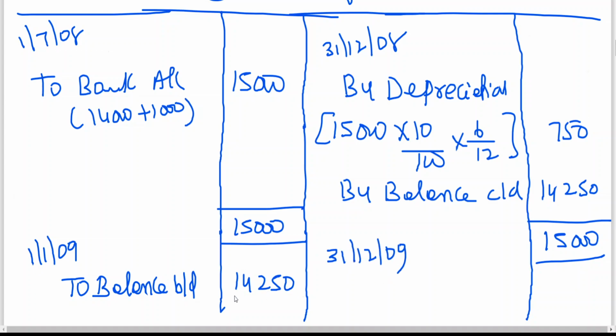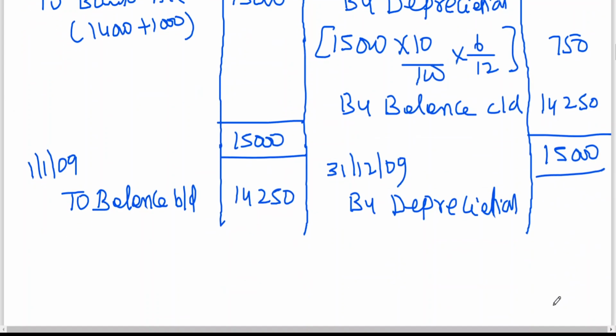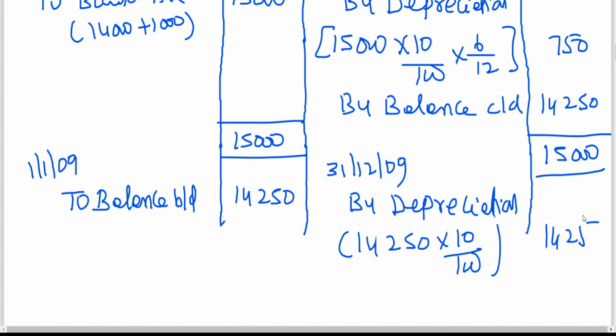31st December 9. Since we are writing the diminishing balance method, diminishing is nothing but the reduced balance. I have to calculate depreciation. By depreciation, 14,250 into 10%, 1,425. It is coming to 12,825. One more thing I want to tell you, you can use a calculator.